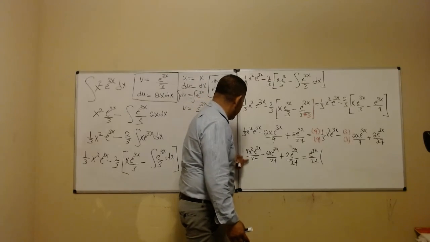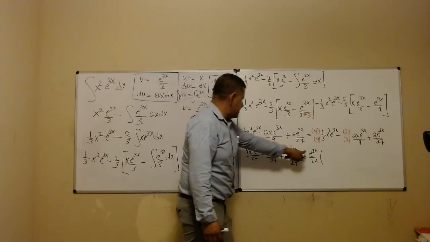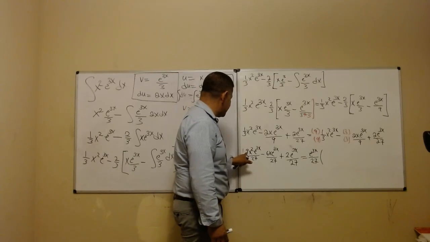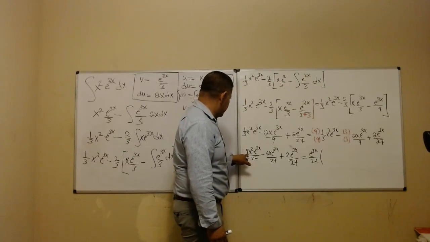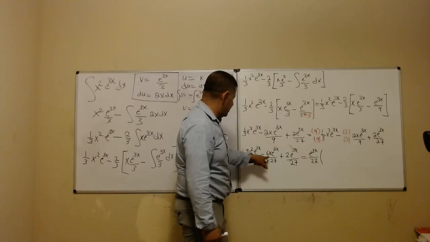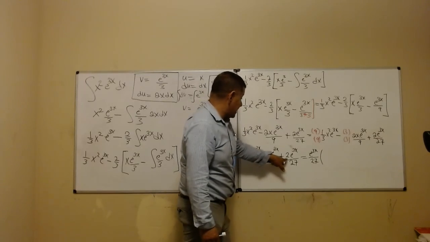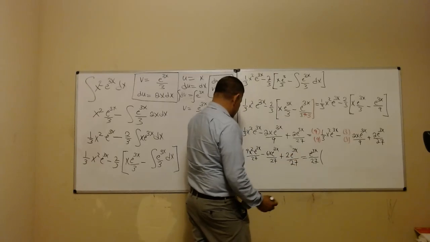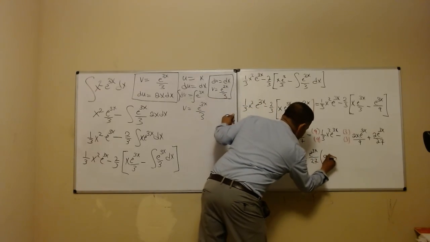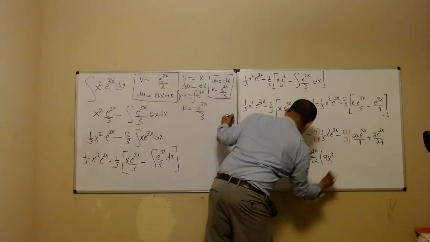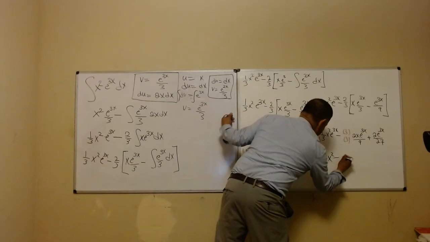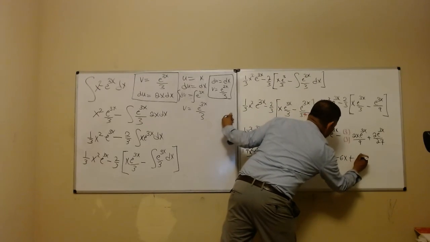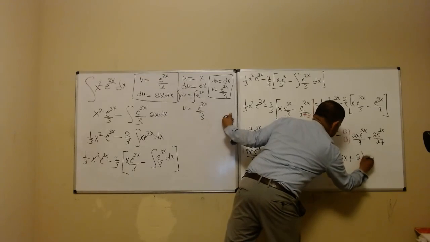So therefore, the only factor I have is e to the third x over 27, right? This 9x squared, the 6x, and the 2 have to sit inside the parentheses. So therefore, the answer is 9x squared minus 6x plus 2, right?